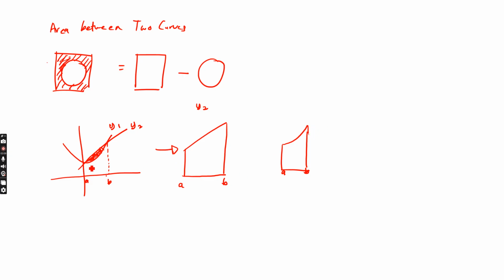Okay, so currently you want to know this part. So how do you find this part, the shaded area only? You have this area already, you also have this area for the quadratic when you integrate. So in order to know the shaded area here, you just need to take the linear one, which is y2 minus y1.